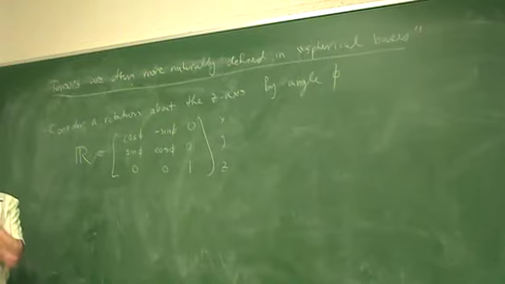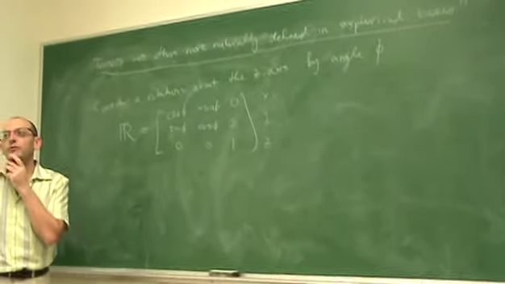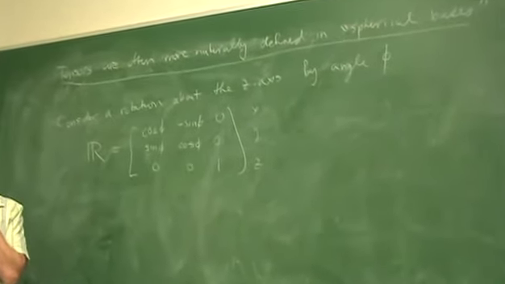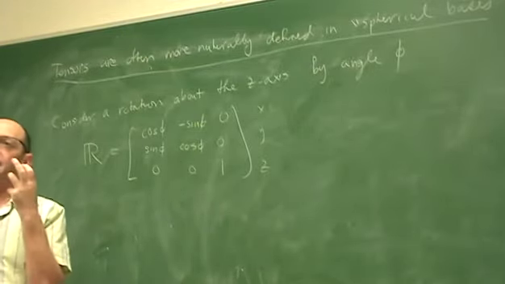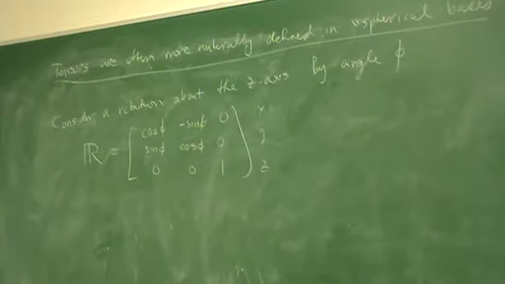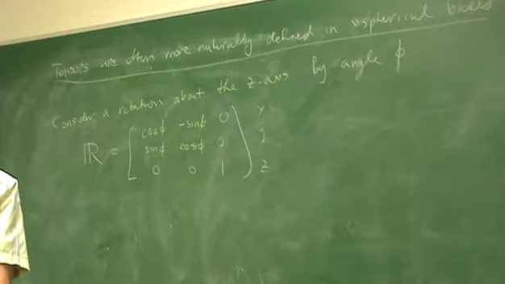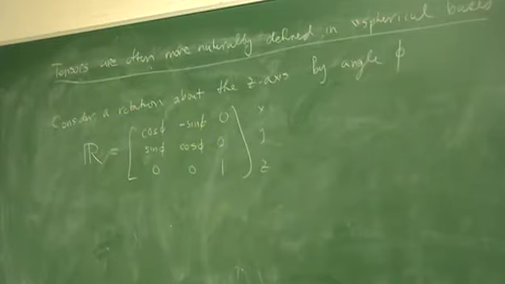All right, so I ask you, what are the eigenvalues and eigenvectors of this matrix? Because they, in some sense, are the natural basis to consider if I'm going to be thinking about rotations. X and Y aren't natural basis vectors because they transform into each other under rotations.